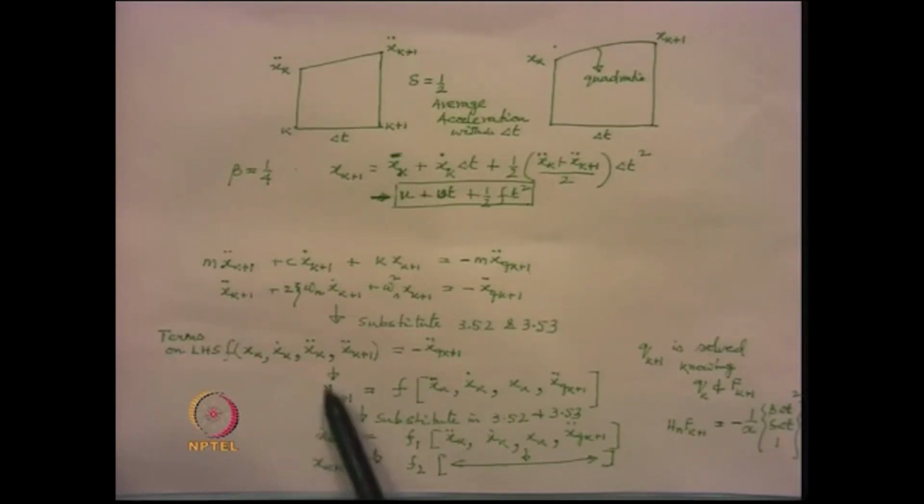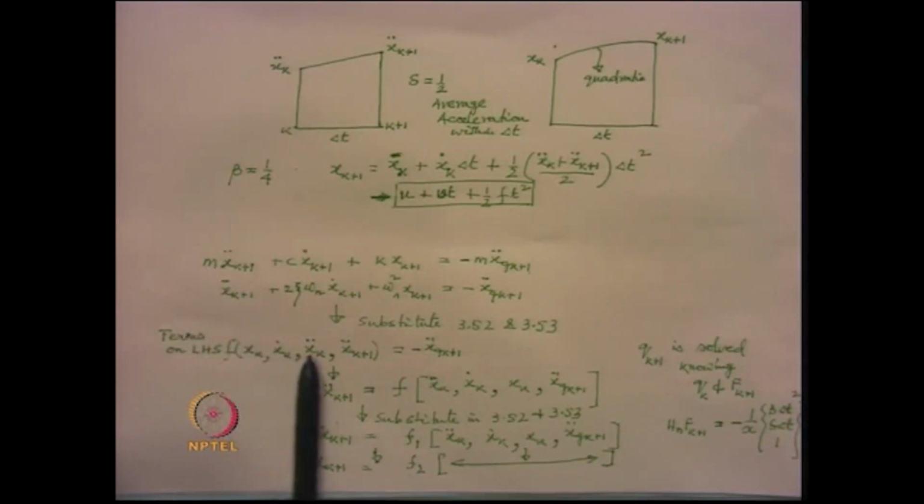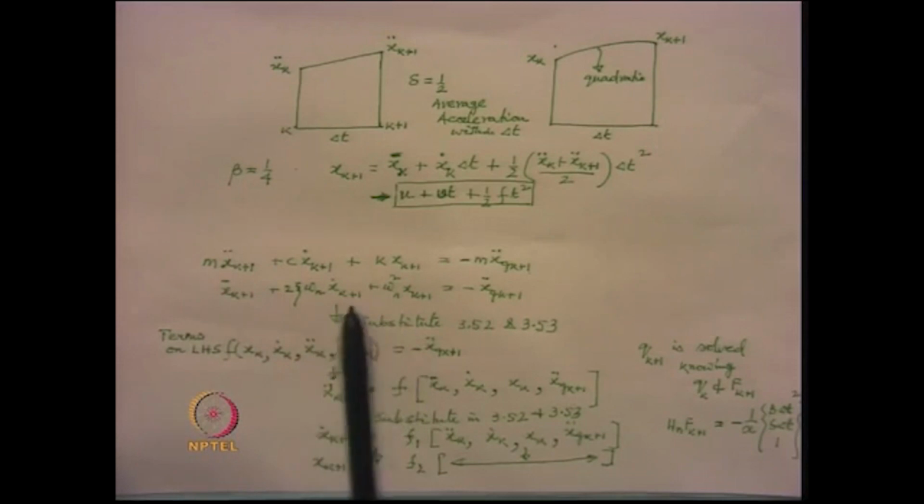So, all the three quantities, that is x k plus 1, x dot k plus 1 and x double dot k plus 1 can now be written in terms of the known quantities x k, x dot k and x double dot k and of course the load.